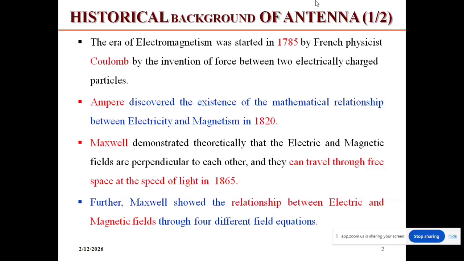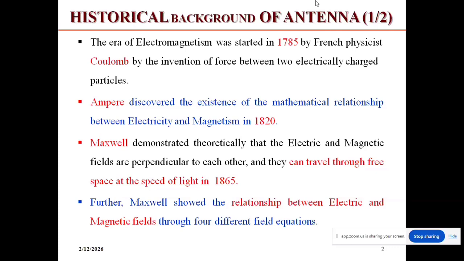Before Maxwell, Coulomb did research work on the electric field and Ampere did research work on the magnetic field. Maxwell is the first person who related Coulomb's law and Ampere's law by using the Stokes theorem. That is the finding here: the electric and magnetic fields are perpendicular to each other and can travel through free space at the speed of light. This is the very first invention.